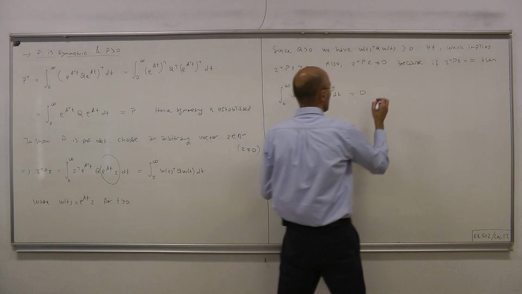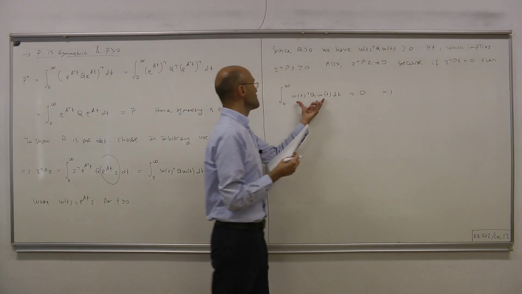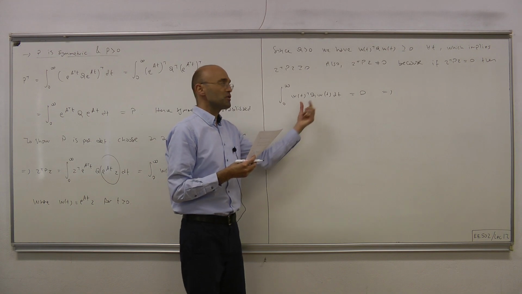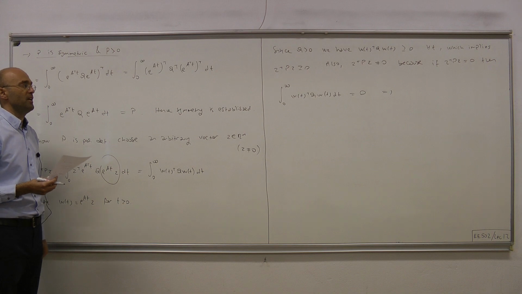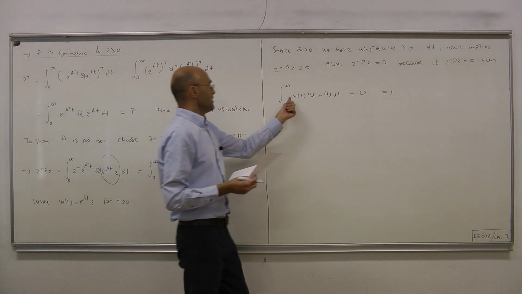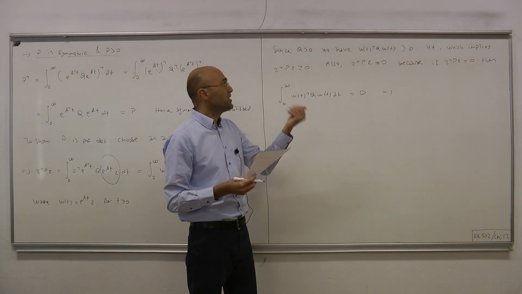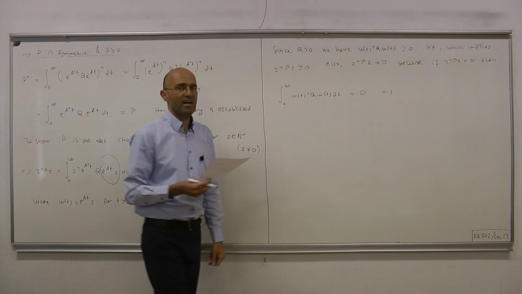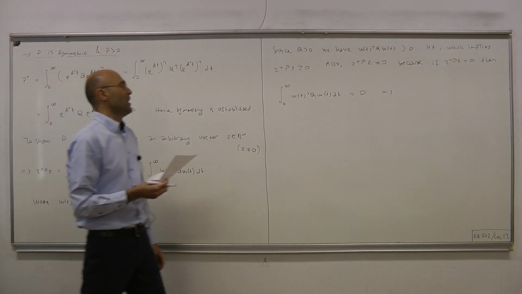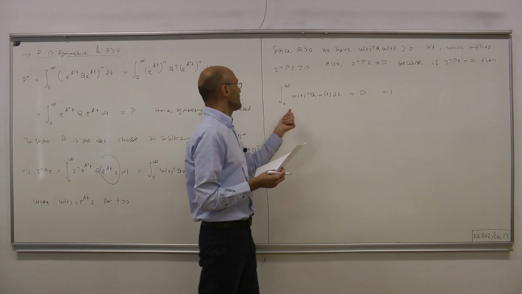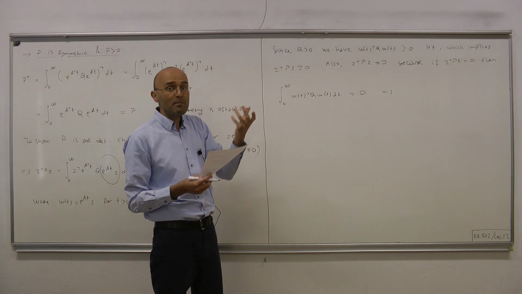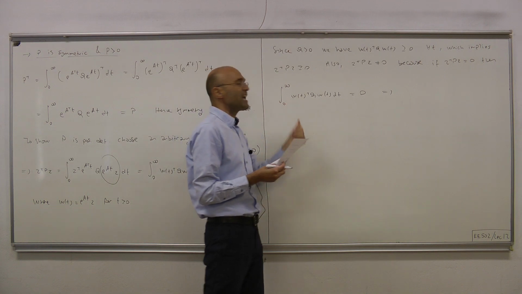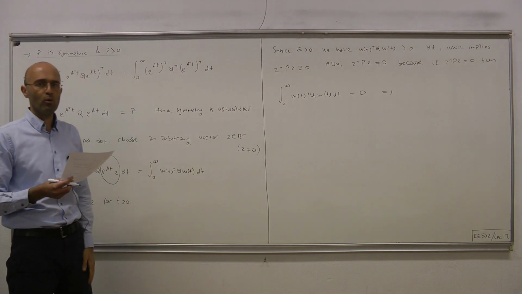Now, this implies what? This is something continuous, because w of t is the solution of a linear system, e to the At times z. This is scalar, it's continuous, and it's never negative. And then you integrate that, and what you obtain is 0, from 0 to infinity. So that's only possible if this integrand is identically 0 for all times.